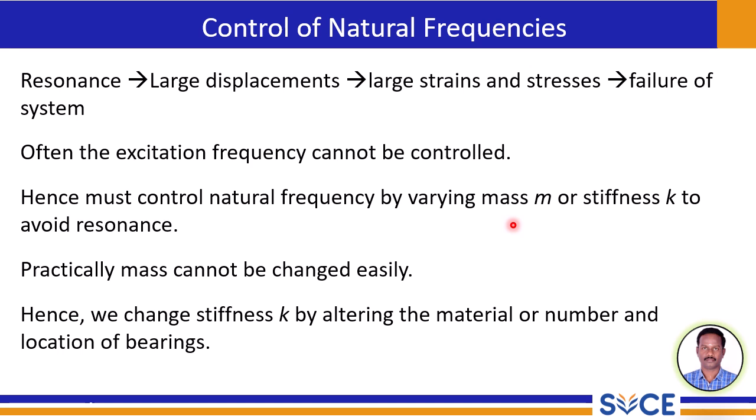Recall that the natural frequency of a single mass-spring system is related to the mass and stiffness through an equation. This means we can alter the natural frequency by simply changing the mass or stiffness to avoid resonance. However, in practice, changing the mass of a system can often be difficult or impractical.